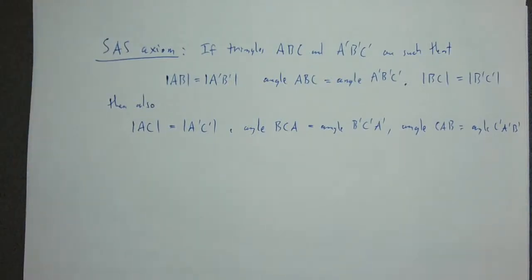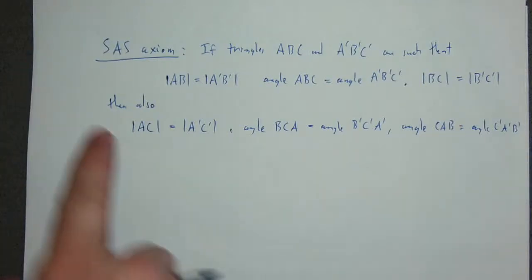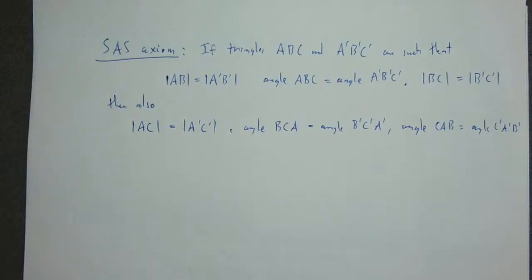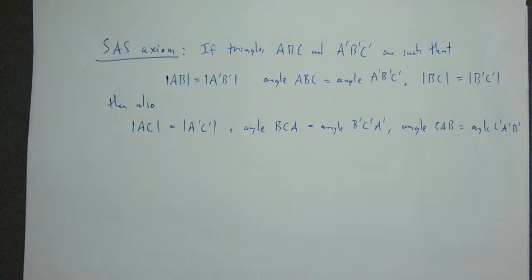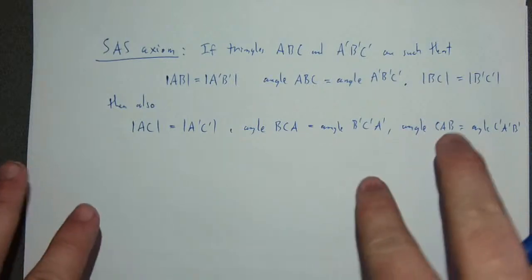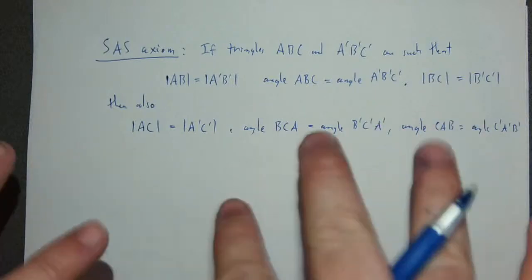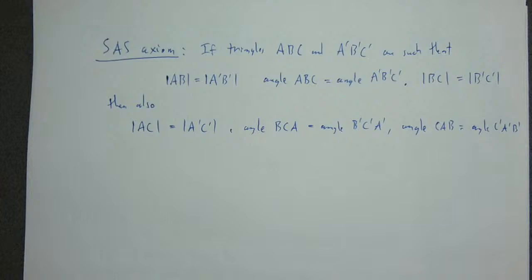You don't have to remember all that. The easiest way to remember side, angle, side, there's a reason why we abbreviate it like this, is that if two sides and the included angle are correspondingly equal between two triangles, then the two triangles are congruent.